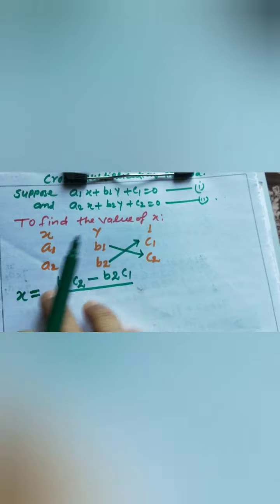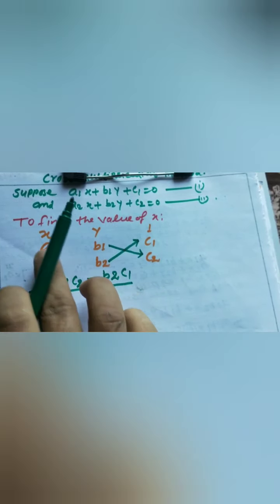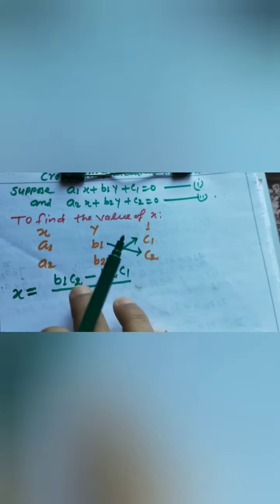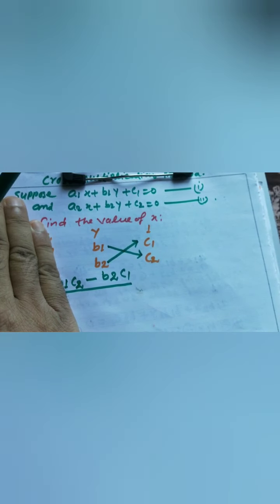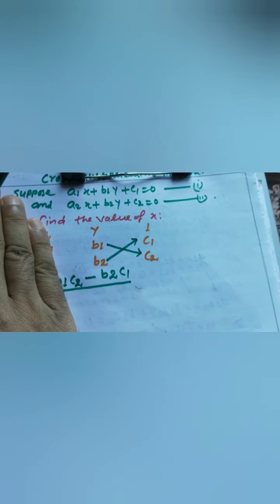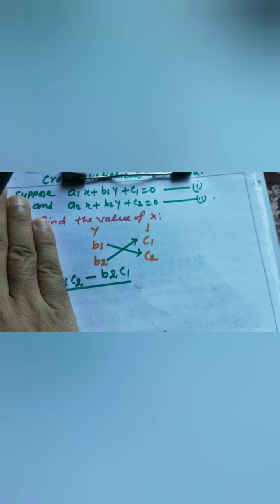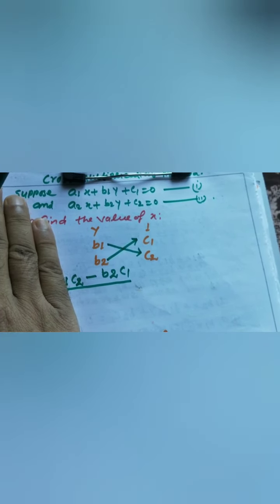So this will be the numerator. To find the value of x in the numerator, you have to cover the coefficient of x, and then multiply like that.